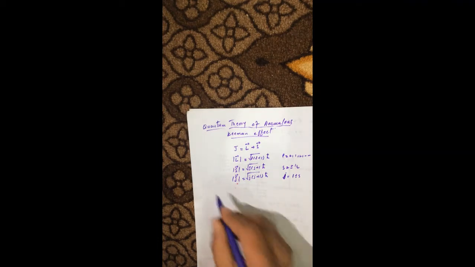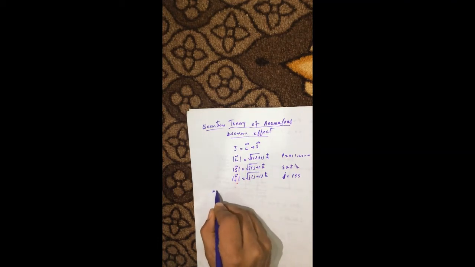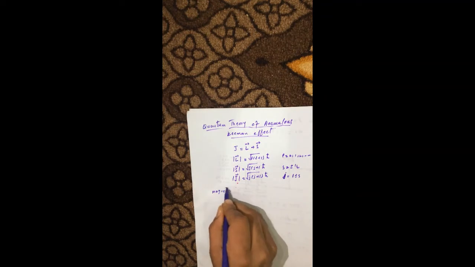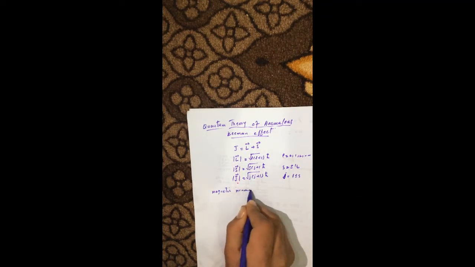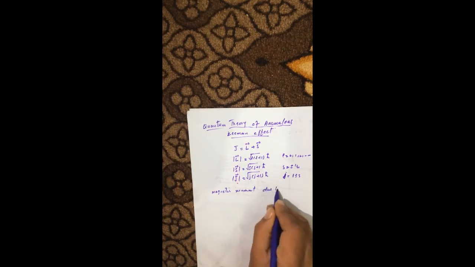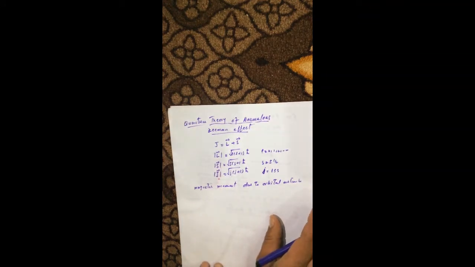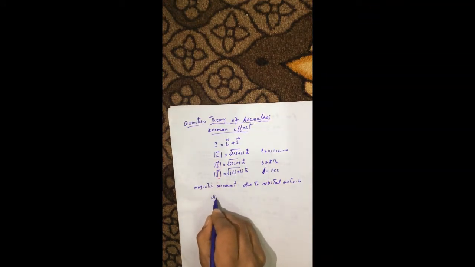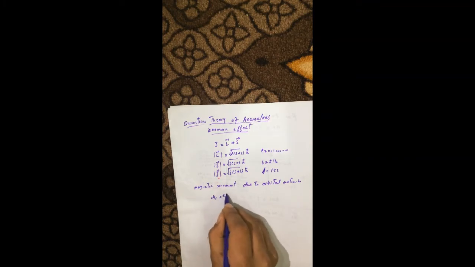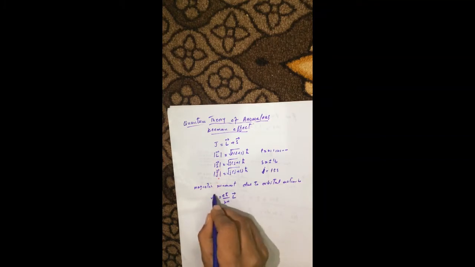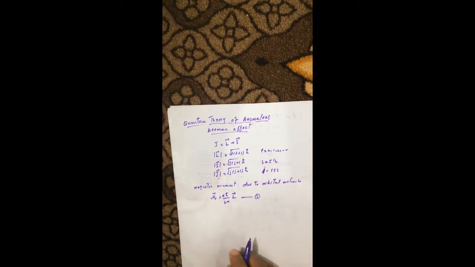Now, we already derived the relation for the magnetic moment due to orbital motion. The magnetic moment due to orbital motion is μL, which is equal to eħ over 2m into L. Let's say this is equation 1.